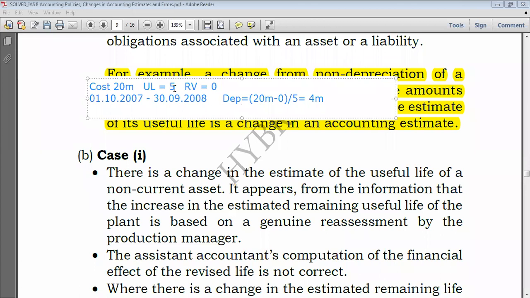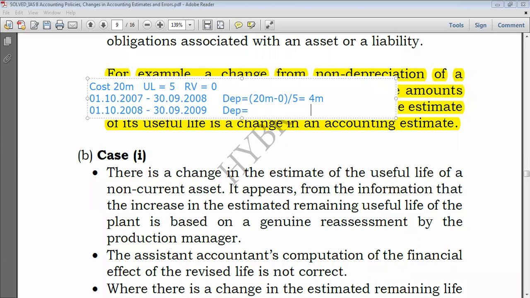What about for the second year? Depreciation for the second year, which is 1st October 2008 up to 30 September 2009, would have been the same. At what value would it have been?